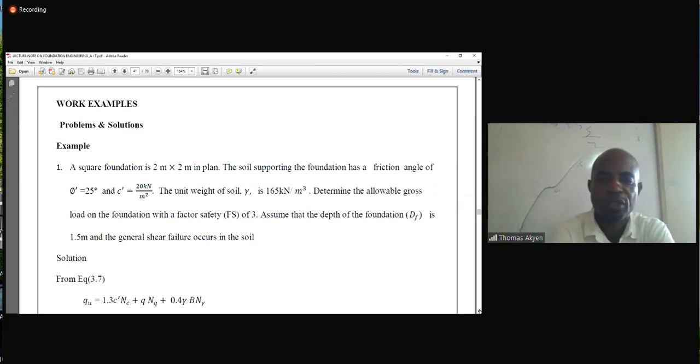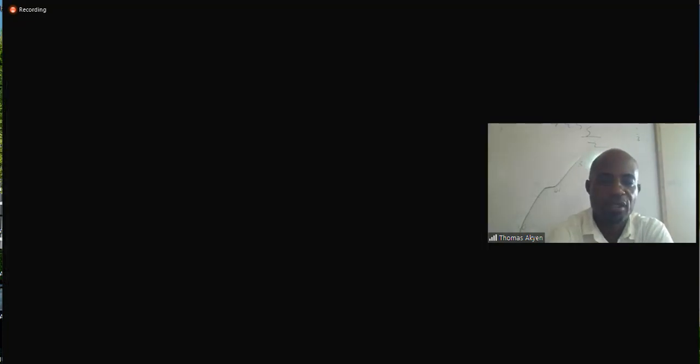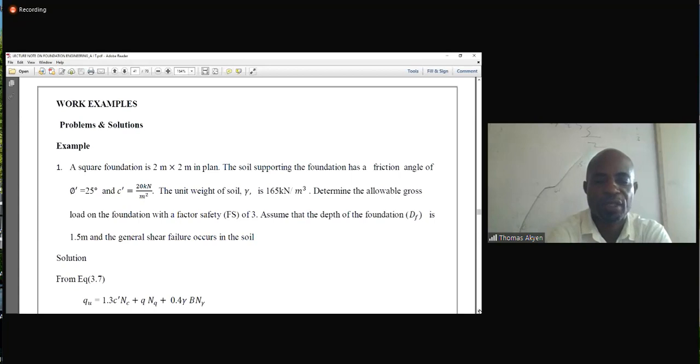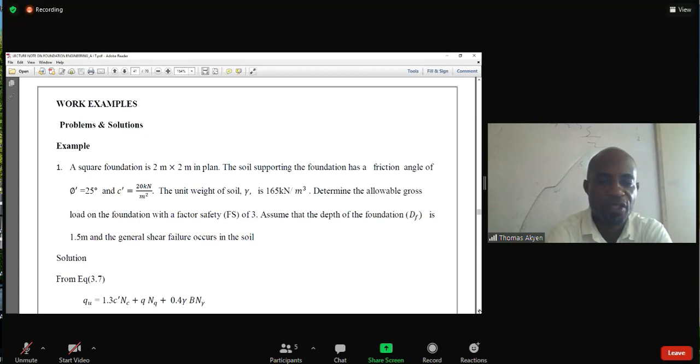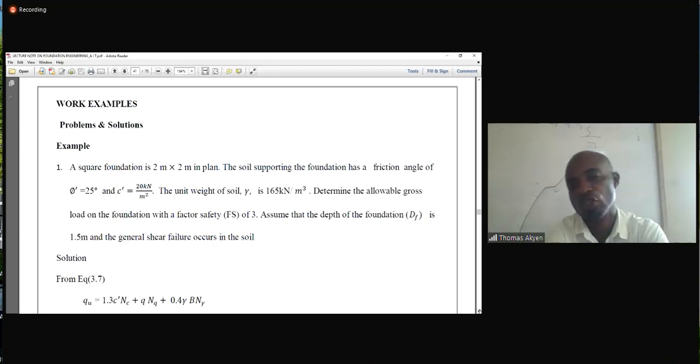The soil supporting the foundation has a friction angle of phi prime equals 25 degrees, and c prime equals 20 kilonewton per meter square. The unit weight of soil, which is lambda, is 16.5 kilonewton per meter cube. Then determine the allowable gross load on the foundation with a factor of safety of 3. Assume that the depth of the foundation is 1.5 meter and general shear failure occurs in the soil.